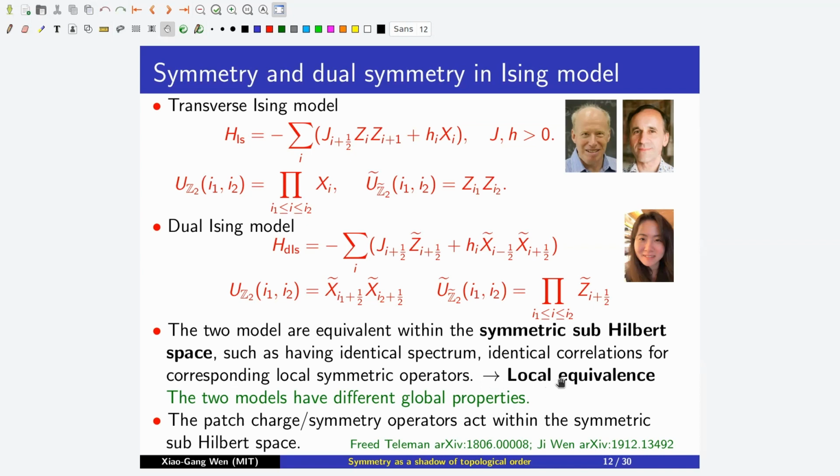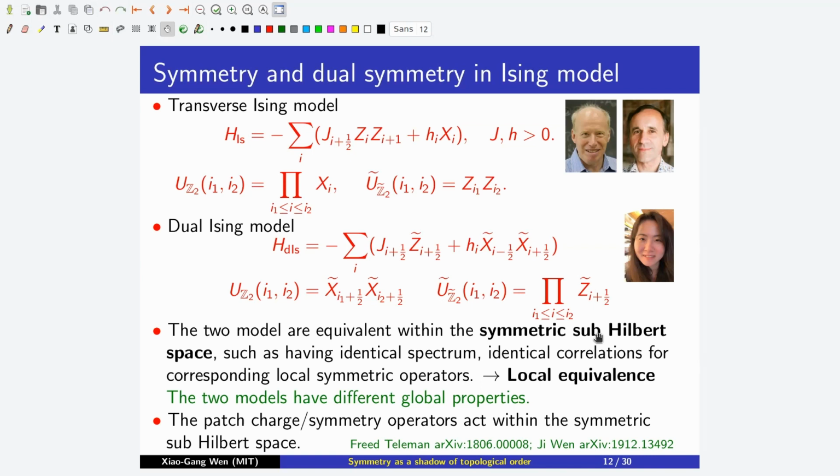So that's one point. Now you can see why you introduce the patch operator. The patch operator acts within the symmetric sub-Hilbert space. So we look at everything within the symmetric sub-Hilbert space, then try to develop a theory within it.